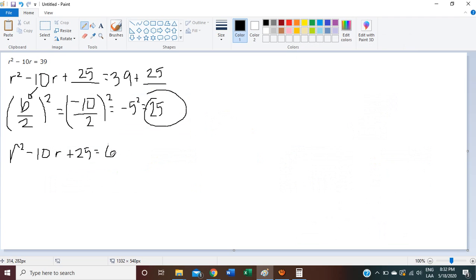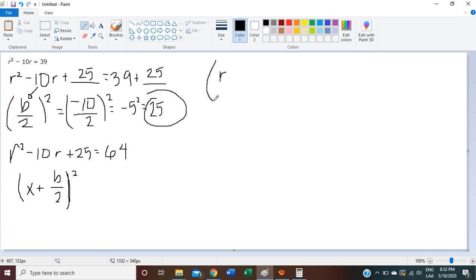Now we need to factor by using the formula x plus b divided by 2, and all of it is going to be squared. This is a parenthesis, a closing parenthesis. So the x is going to be r.